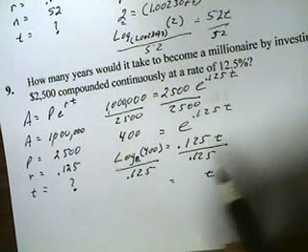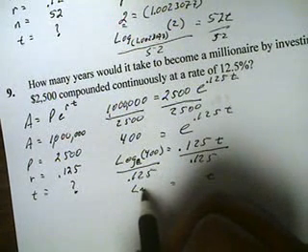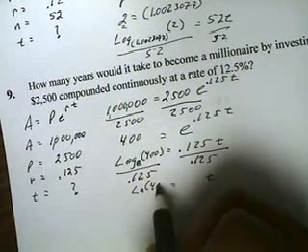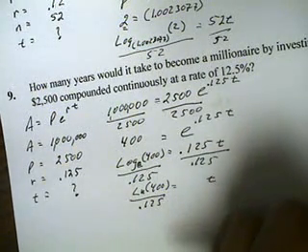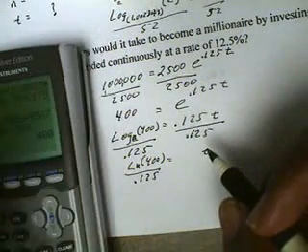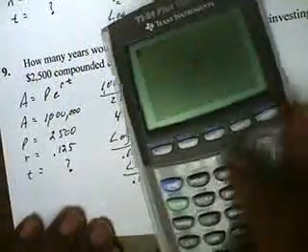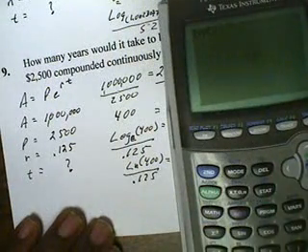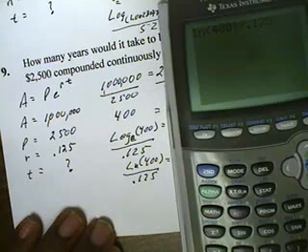Okay, now log base E is natural log, so T equals natural log of 400 divided by 0.125. Okay, so let's figure that out. Natural log of 400, close parenthesis, divided by 0.125.